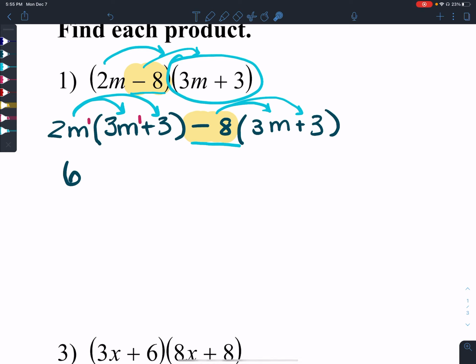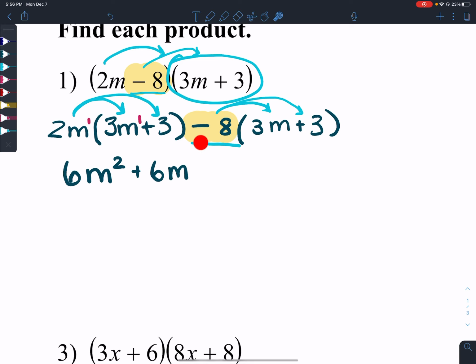Those exponents get added, so we have m squared. Now we multiply 2m times 3, number times number, we get 6. And there's no m over here, so that m to the 1 just gets carried down. It does not disappear. This is math, it's not magic.